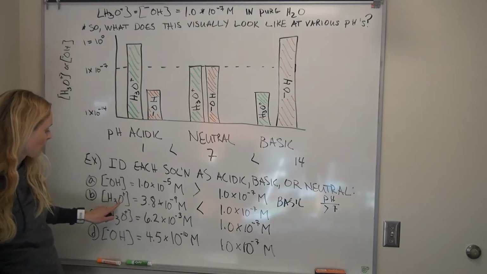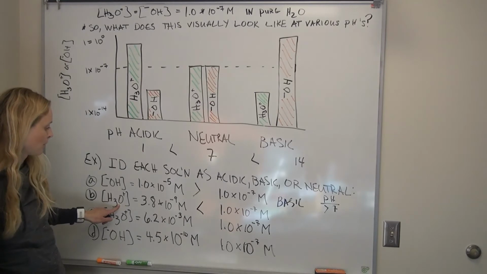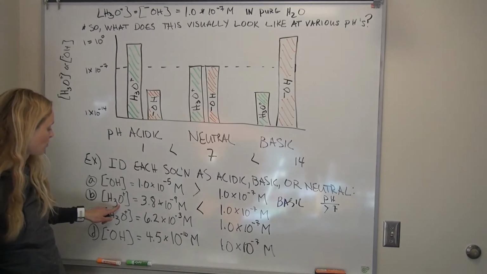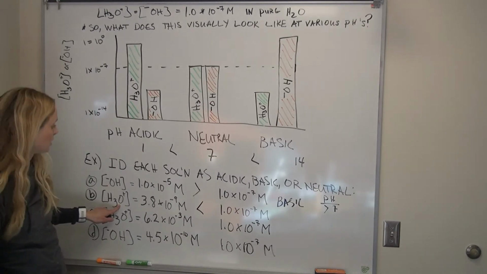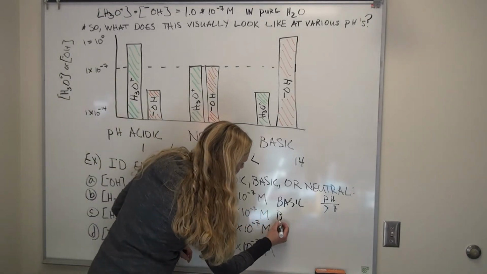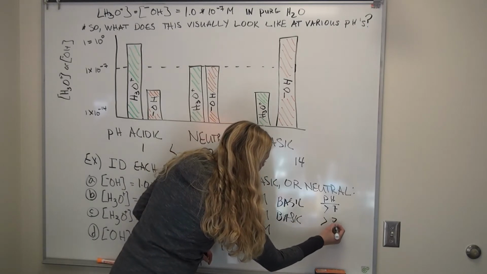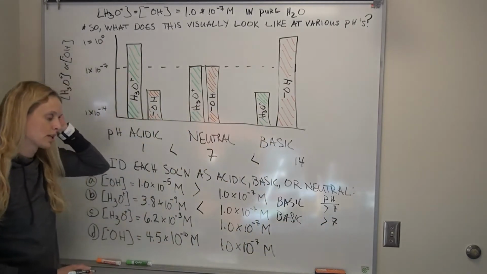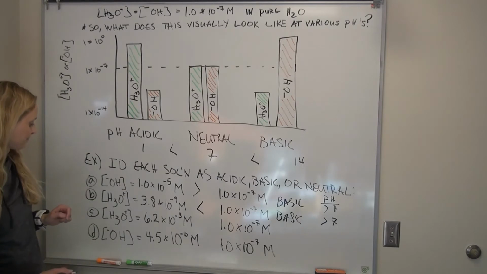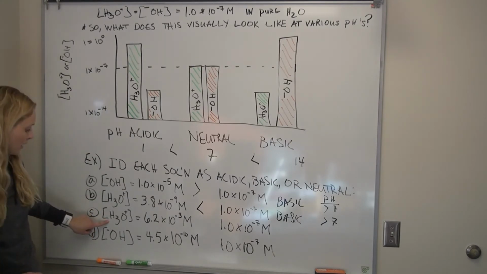So I have a smaller amount of hydronium ions. Okay, so I don't have very much hydronium at all, which means that the solution is, in this scenario again, basic. And that would give me a number that is larger than 7 if I were to calculate the pH for that.